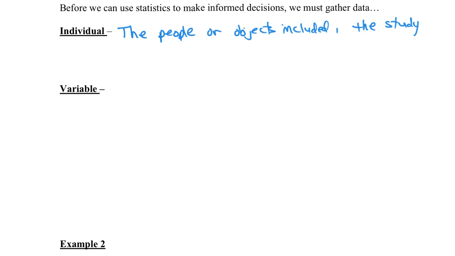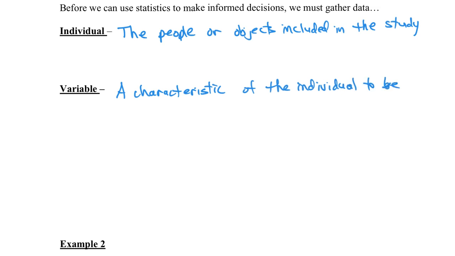Those are the individuals. Then the variable, this is a characteristic of the individual to be measured, counted, or observed.